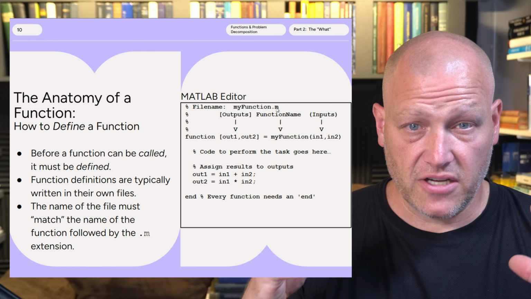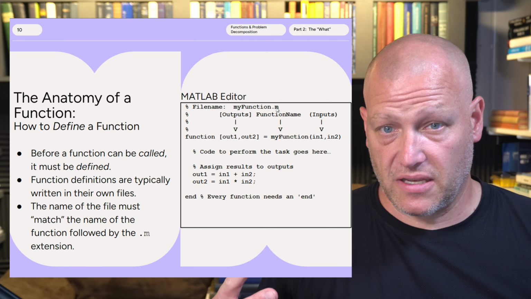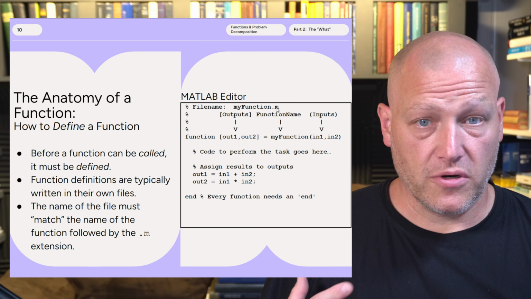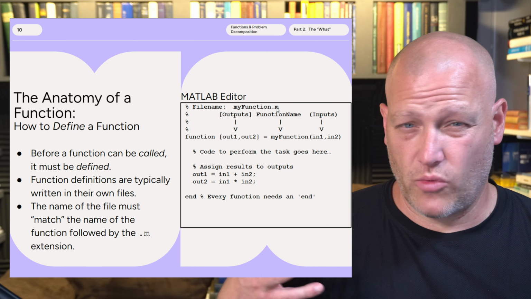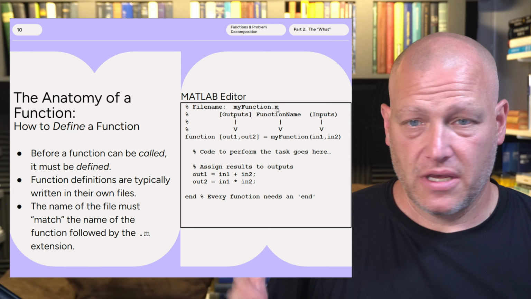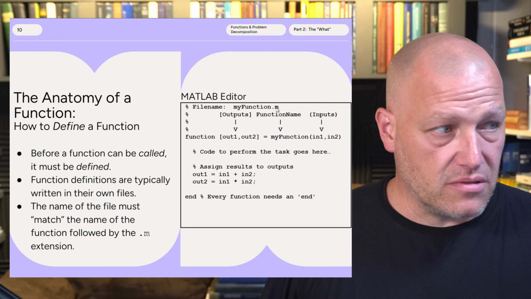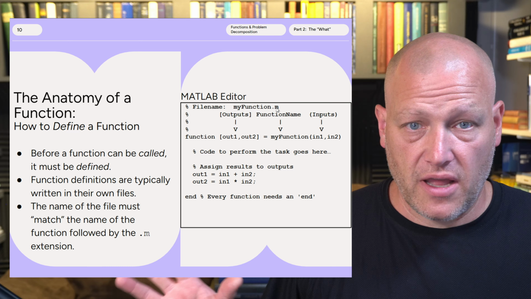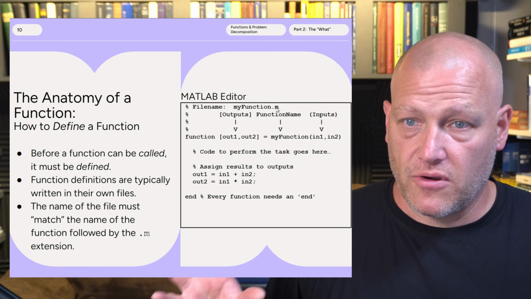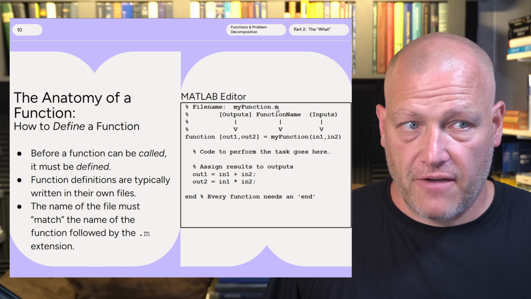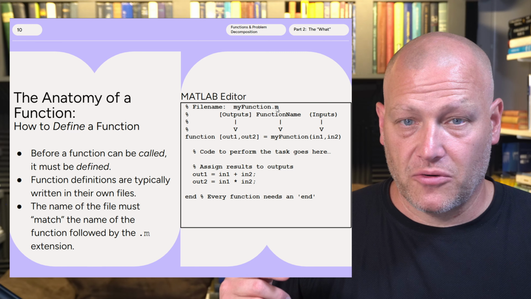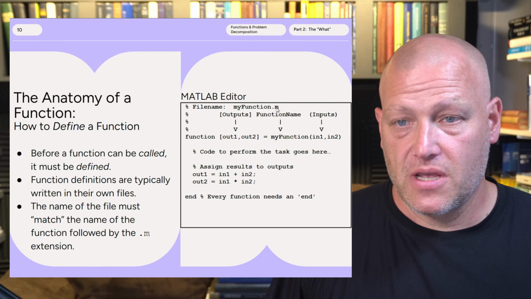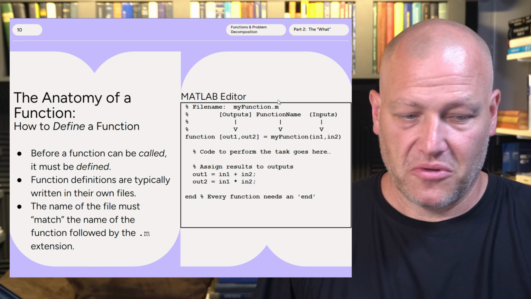That's just convention. MATLAB expects it. It doesn't necessarily enforce it, but if you don't do it that way, things can go really weird and wrong really quickly. So as a default rule, make sure that you always name your function's file after the name of the function followed by the .m extension. It's really hard to explain, but it's really easy to do in practice.